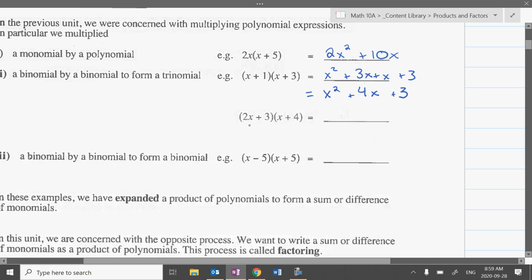A second example here, so I get 2x plus 3 times x plus 4, so we get 2x squared plus 8x plus 3x plus 12, which gives us 2x squared plus 11x plus 12. And then lastly, this is the one where they're going to all cancel out. So we start off with x squared plus 5x minus 5x minus 25. So those two middle terms cancel out, leaving me with x squared minus 25.